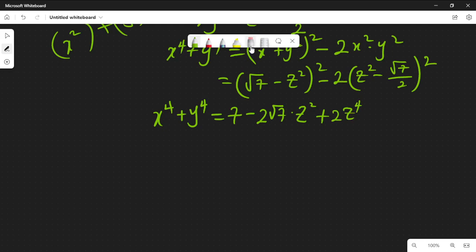Oh, there's a mistake here, this is supposed to be minus because of this. So what I'm going to have next is minus, so the 2 here will cancel the 2 at the denominator, then we are going to be having 2 root 7 multiplied by z squared, minus 7 over 2.